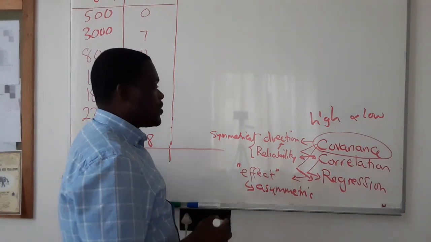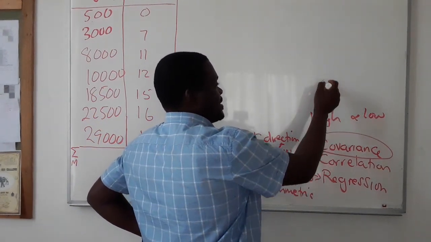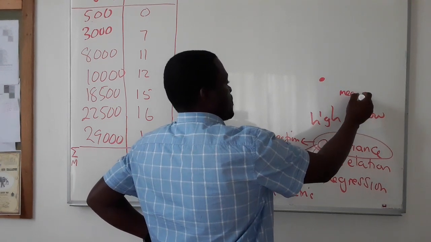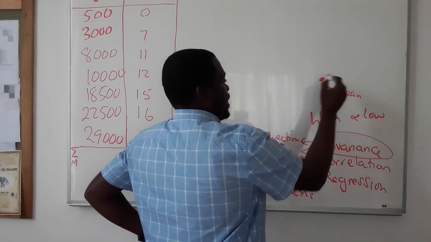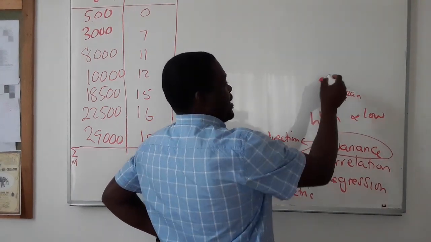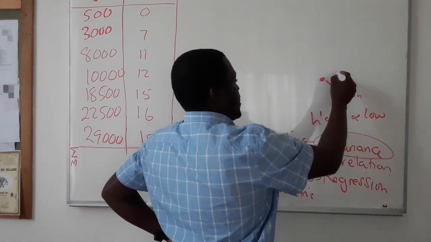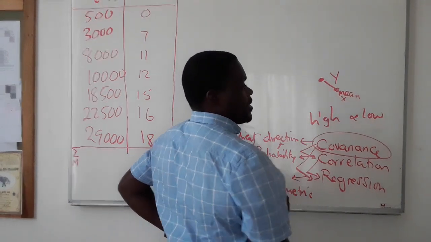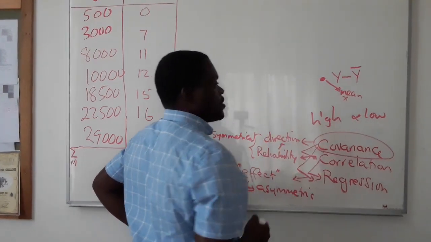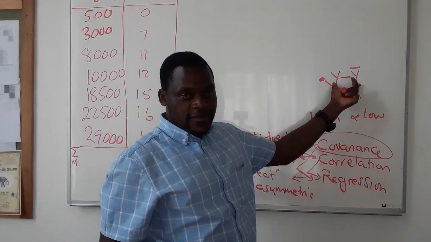And the reference point is the mean. We are actually measuring the distance of any observation from its mean, which is, for example, if you're talking about wage, y, the wage we are observing, minus the mean for the whole group. This is called a deviation from the mean.